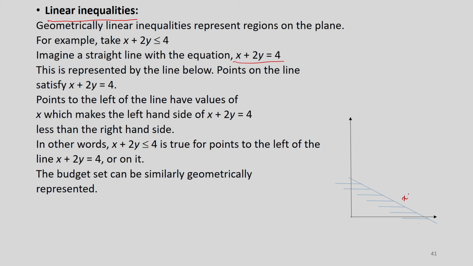So, this is x plus 2y is equal to 4. Points on the line will satisfy x plus 2y is equal to 4, that we have seen before, how to plot a straight line, right. If we are given a linear equation, we know how to plot that. So, points on the straight line will satisfy this particular equation.